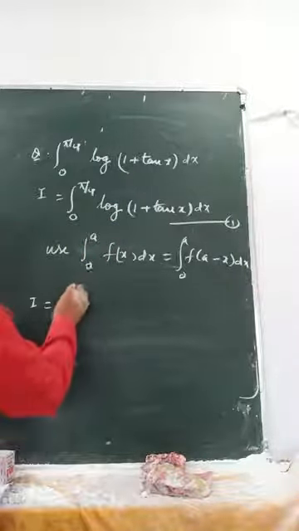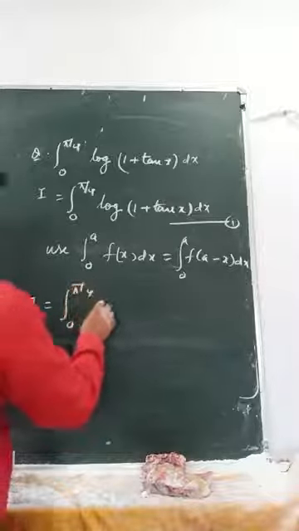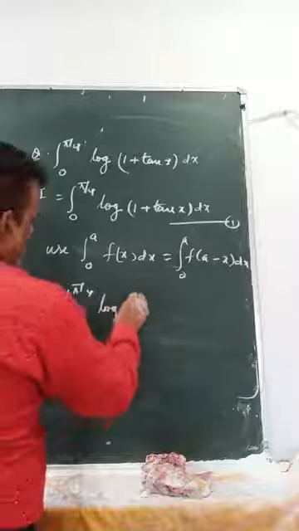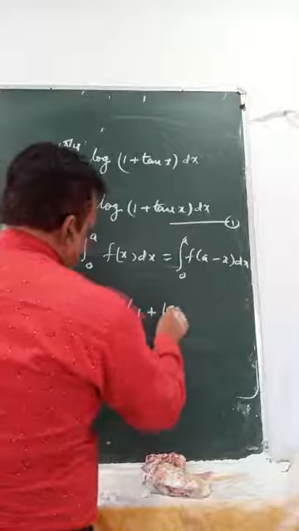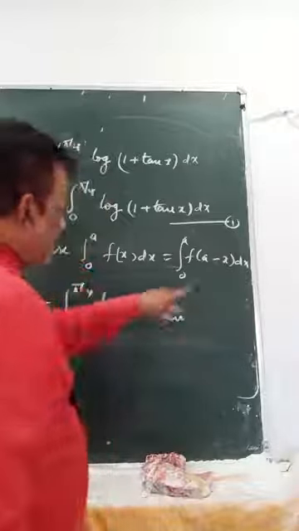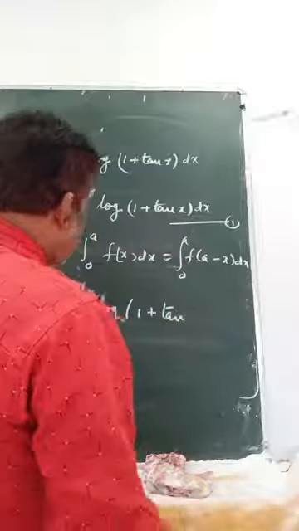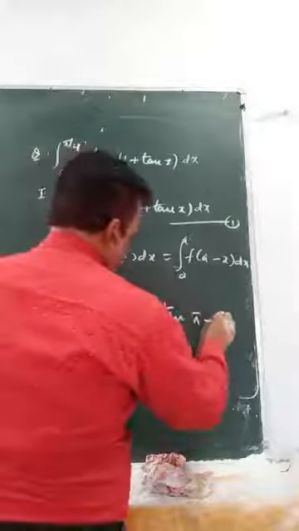So 0 to pi by 4 log 1 plus tan of (pi by 4 minus x).